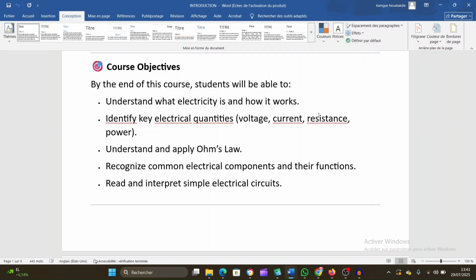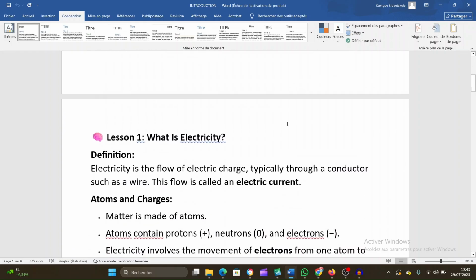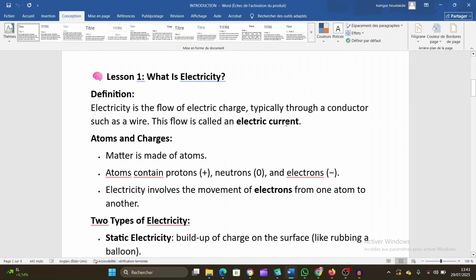As you see a wire, there is an electric charge that flows through from one point to another, and that's why we call it electricity.